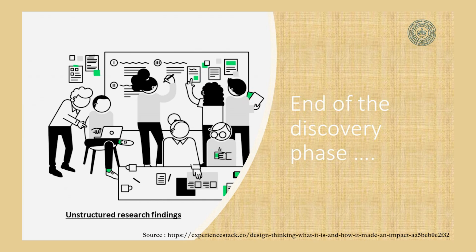At the end of the discovery phase, you have done a lot of discovery. You have done a lot of user research, a lot of market research, etc. You have a lot of unstructured research findings from user research, market research, etc. What does it mean? These research findings are from many different sources.